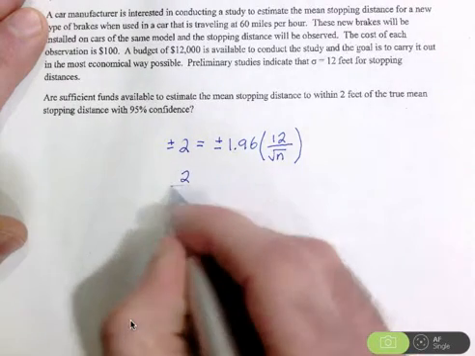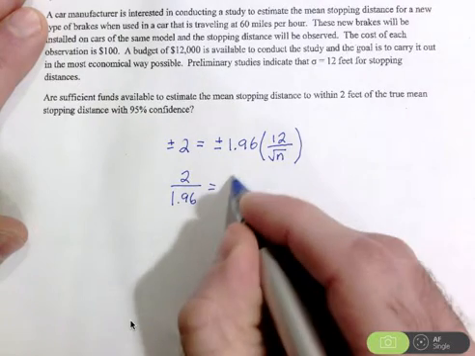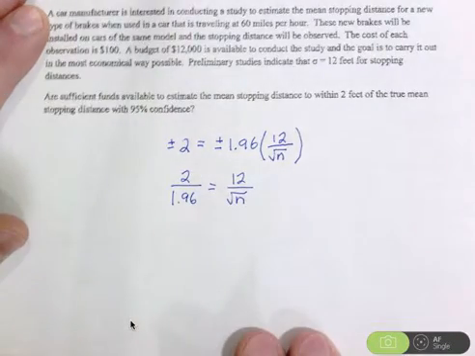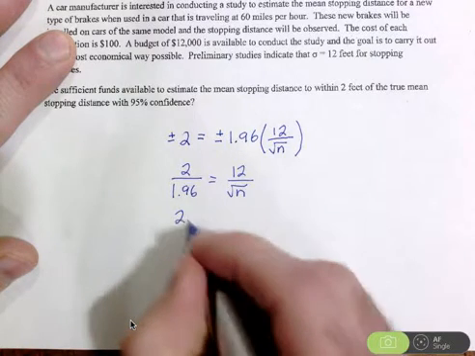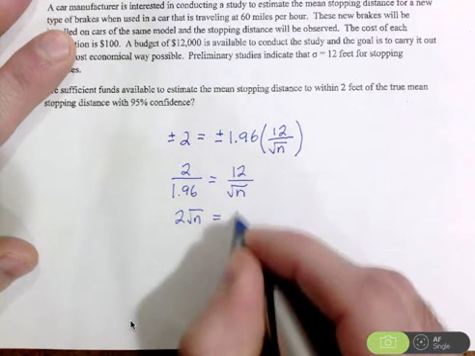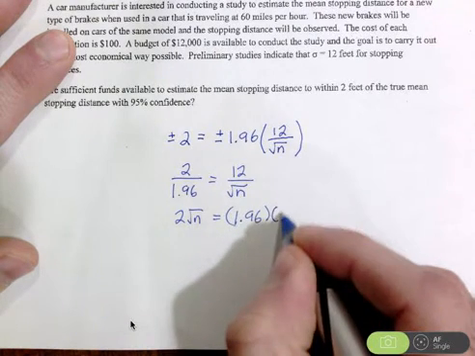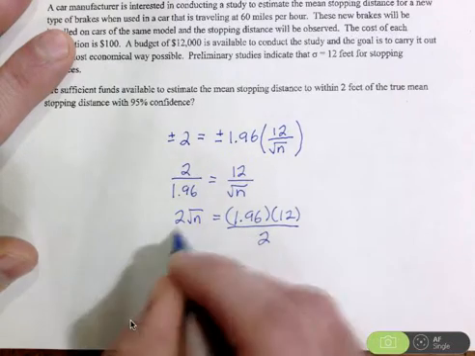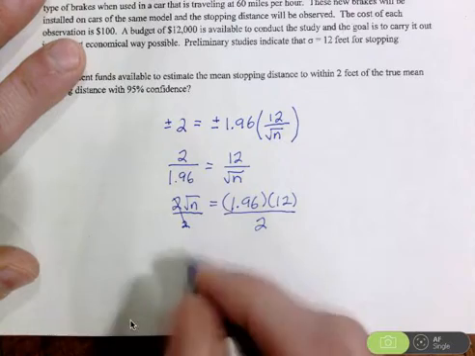We'll divide both sides by the 1.96. That gives us this. Probably the simplest way to think about this is to cross multiply. So you have 2 times the square root of n equals 1.96 times 12. Divide by the 2. Then to find your sample size, we'll square both sides.